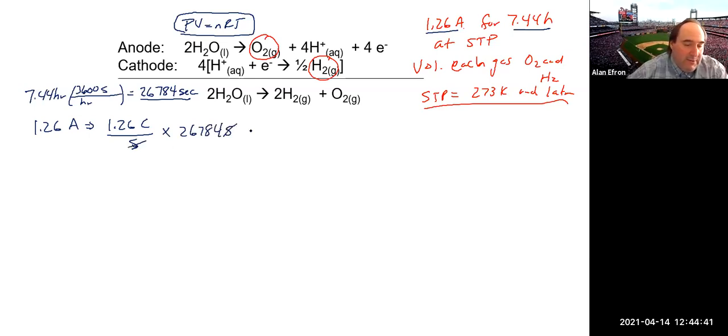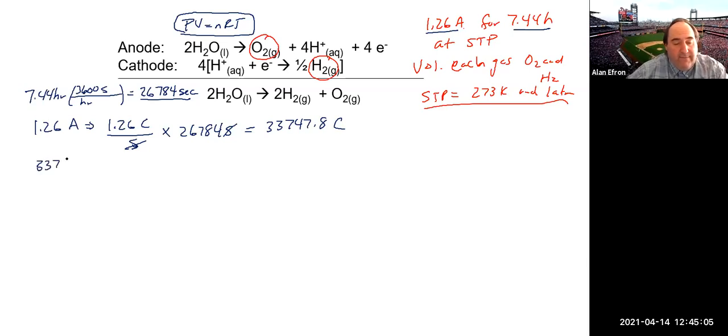Again, the seconds will cancel out here. And that will get us, looks like, 33,747.8, and again this is coulombs. This again is where Faraday's constant will come into play. This is going to get us into our moles of electrons that we need.